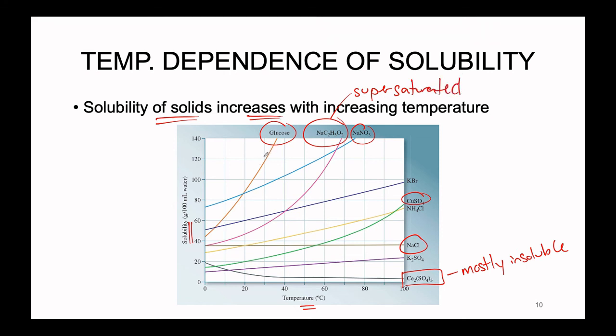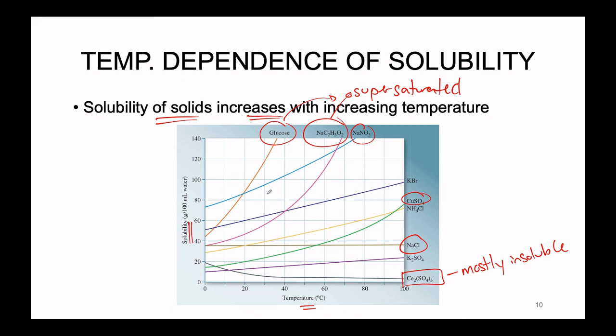Even though there's not an exponential relationship, we can see that the solubility of sugar is very, very dependent on temperature, which allows both of these materials to form supersaturated solutions fairly easily. Other materials, like salt, we can see barely increase with temperature. Its solubility barely increases with temperature. But it does still subtly increase. There is a positive slope here, even though visually it's kind of hard to tell on this graph just due to the axes.